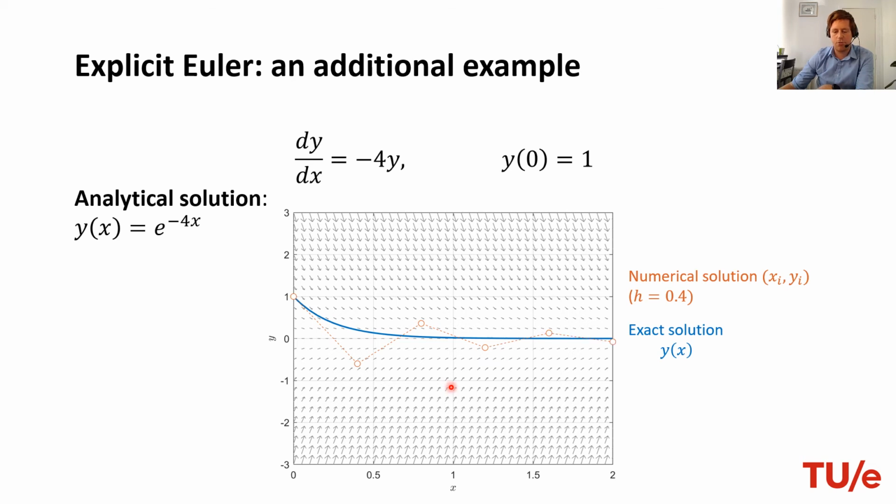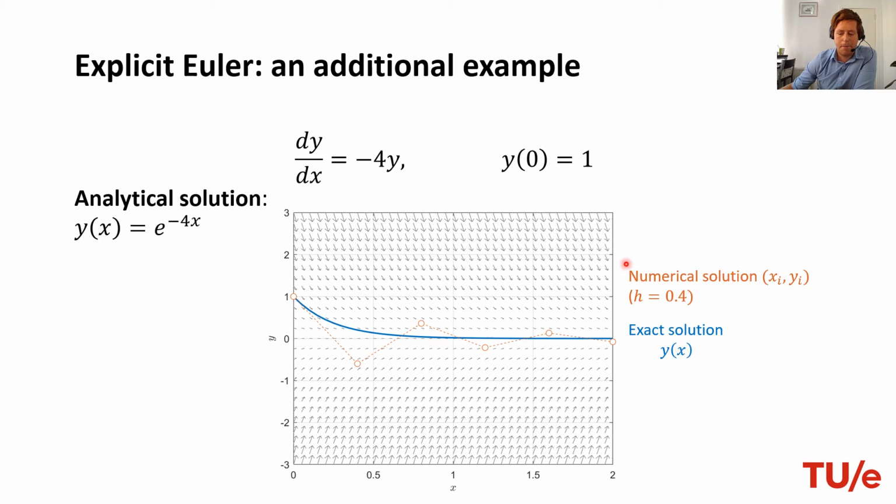And we continue to do so until we reach the end of our interval. Let me also note that this solution is somewhat oscillatory, but at least it seems to come down to the same asymptote as the exact solution.